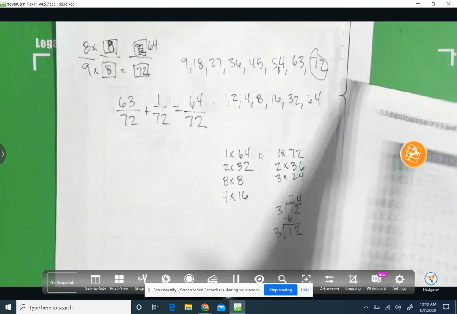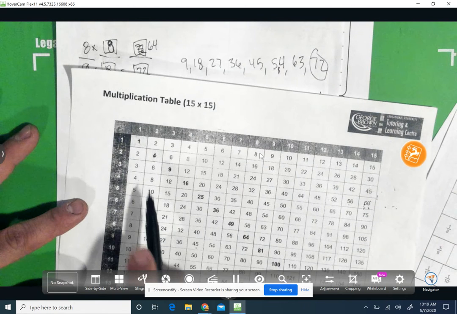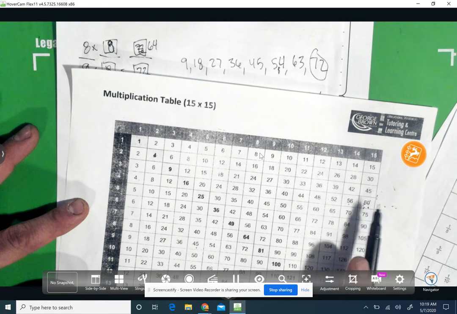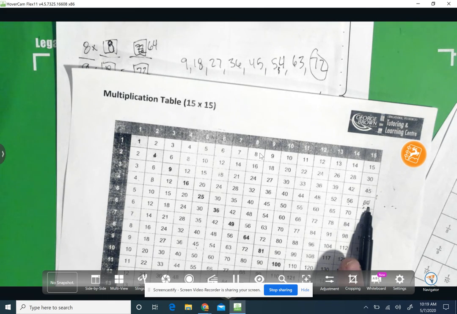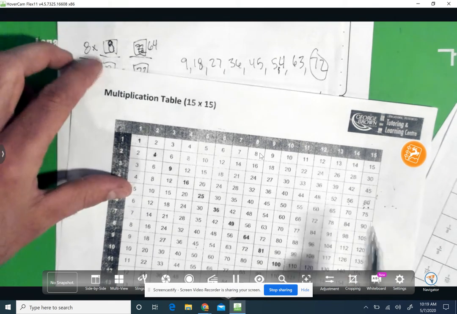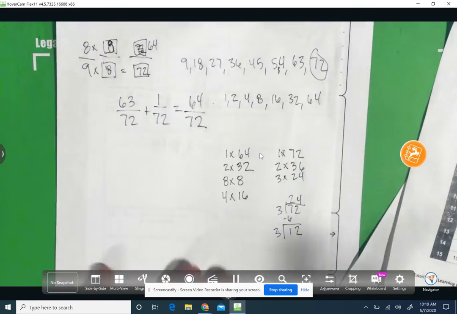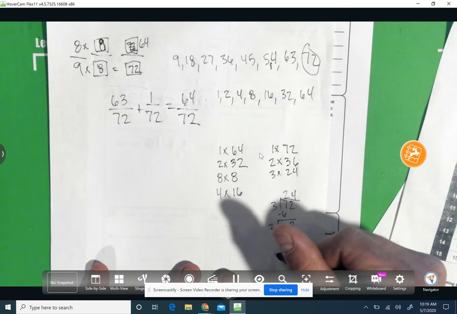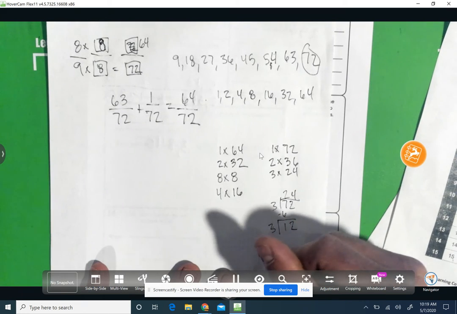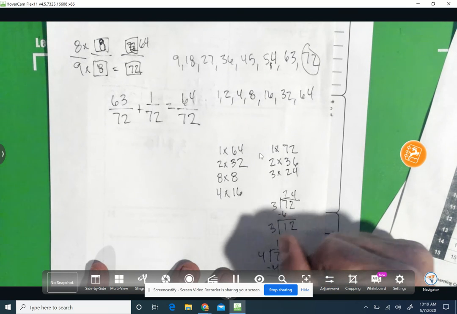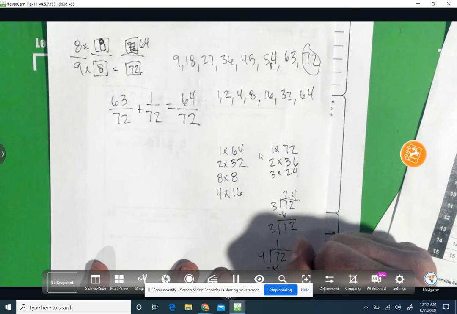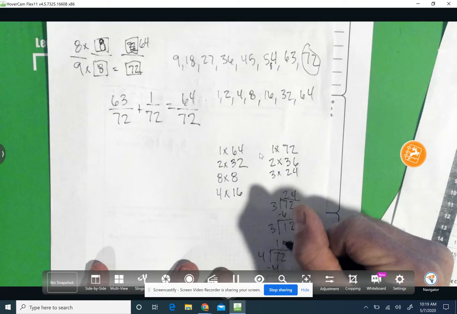Let's take a look at 4. Does anything times 4 get us there? We have 64, we have 68, and we have 72. Let's do a little long division here. Let's do 72 divided by 4. We get 1. 32 divided by 4 is 8.